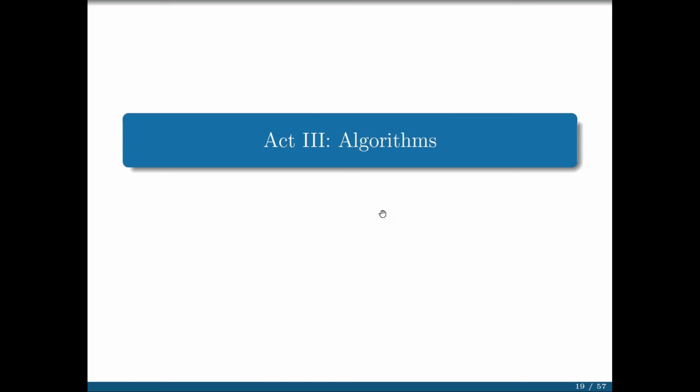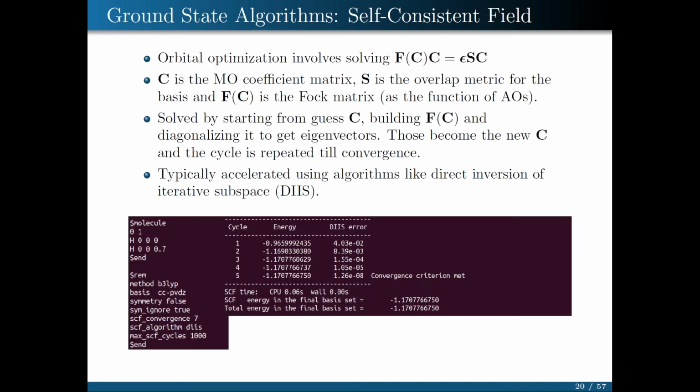Moving on from the ansatze, we need to figure out algorithms to run these ansatze with. And the first type of algorithm that people think of when it comes to running ground state DFT at least is self-consistent fields.